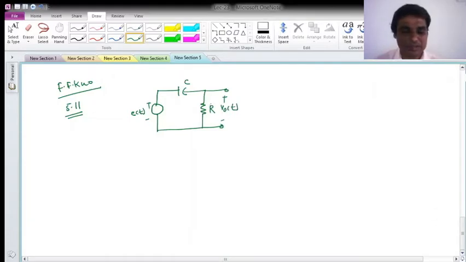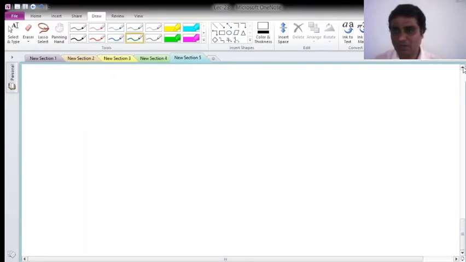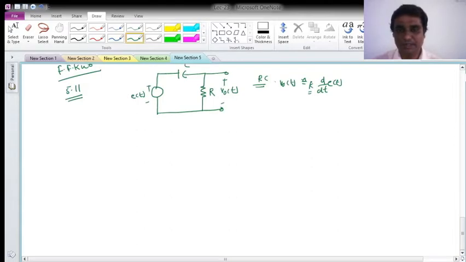Suppose this circuit is given. Find the requirement for the RC time constant such that the output voltage v0 of t is approximately equal to k times the derivative of the excitation. So we have to show the condition on the time constant such that this is achieved.